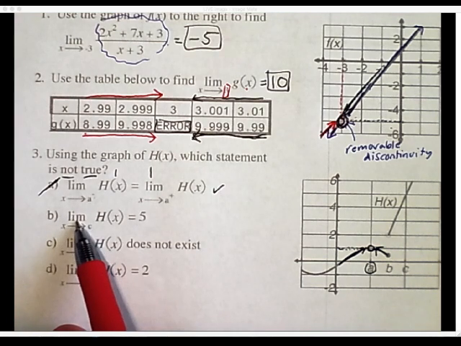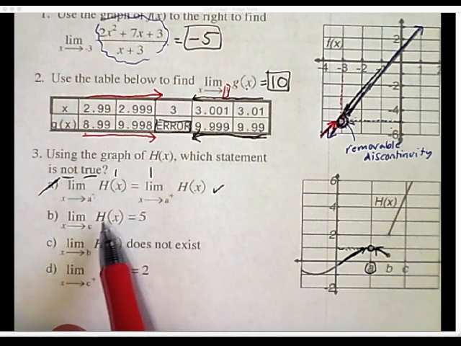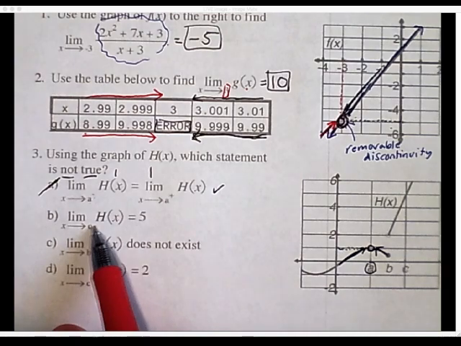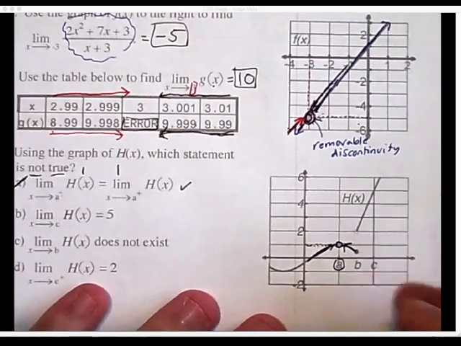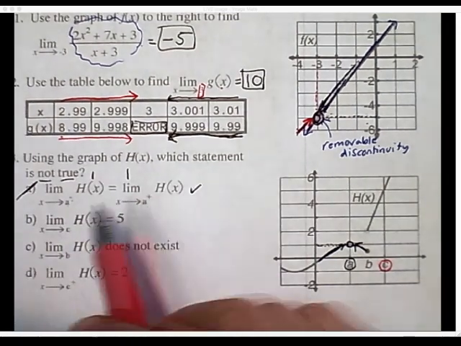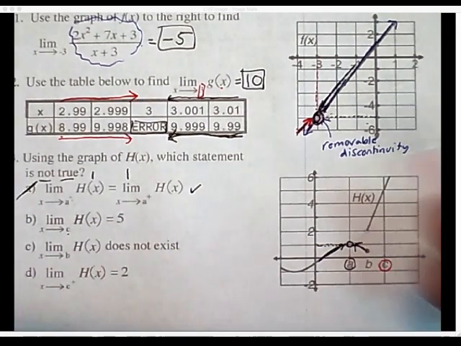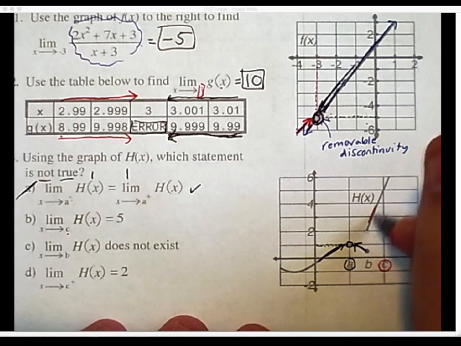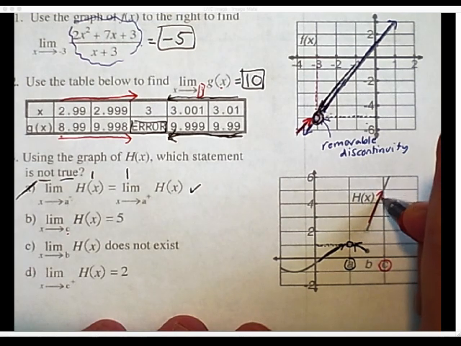It says the limit of h of x as x approaches c equals 5. Now here it doesn't give me a left or right, it just gives me a c. Okay, so does the limit equal 5? So we're going to focus in on an x value of c because that's what it says right there. Okay. So I get closer and closer to c, I'd be approaching that value.